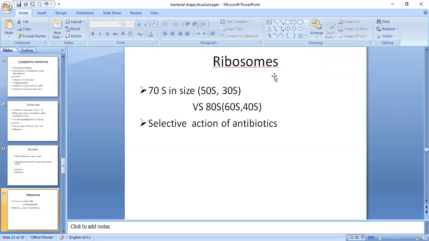So this is one of the differences of the ribosomes in the prokaryotic cells and the eukaryotic cells. The ribosomes are the site of action of antibiotics. They have the selective action of the antibiotics. Some antibiotics act on the ribosomes and thereby inhibit the synthesis of the protein. So they are sites of some of the antibiotics.